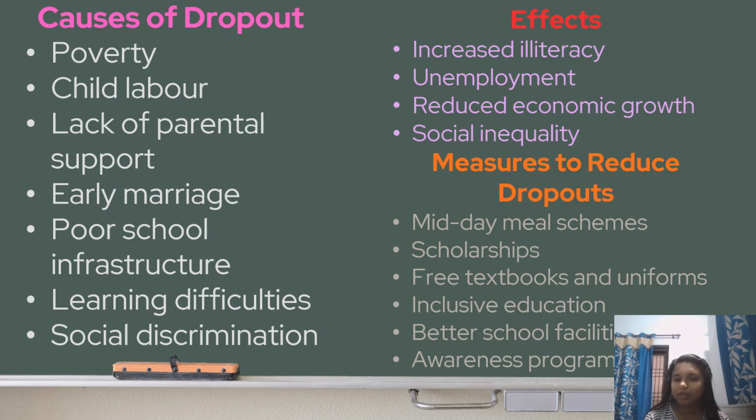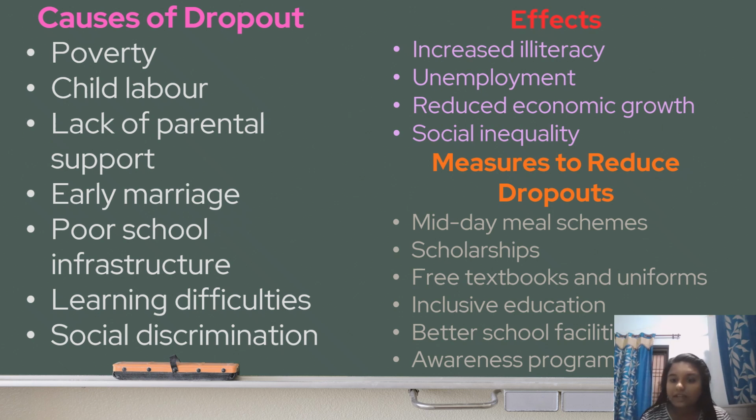Then social discrimination. Maybe the child is a girl and most of the students in the school are boys, with only one girl studying there. That will lead to discrimination against that girl, and it will lead to her dropout.